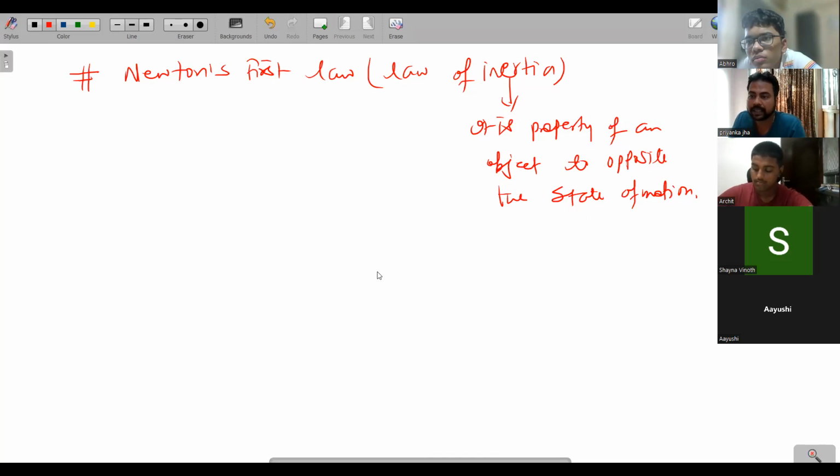If any object is at rest, it won't want to move, and if any object is in motion, it won't want to stop, right? So this is called inertia.